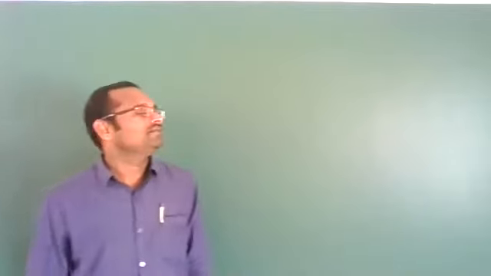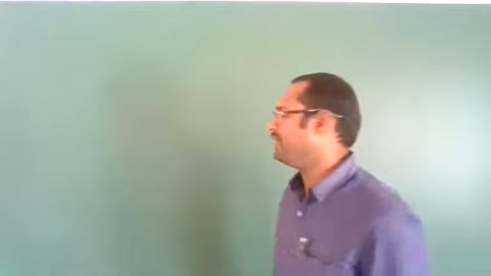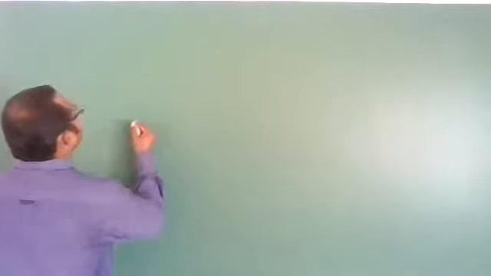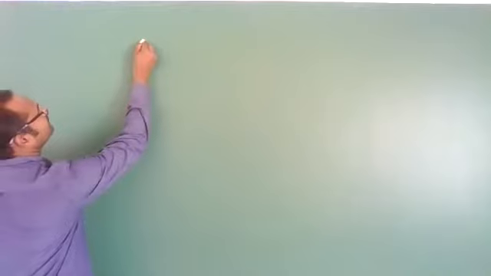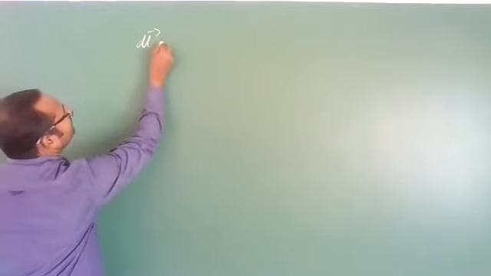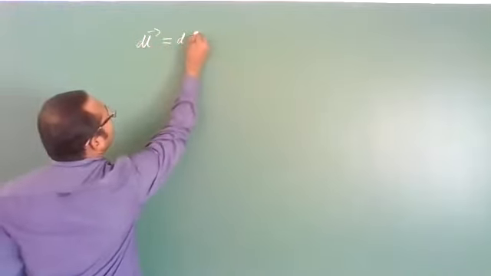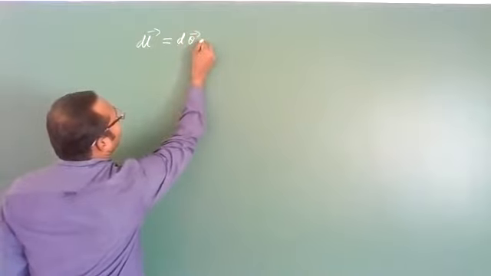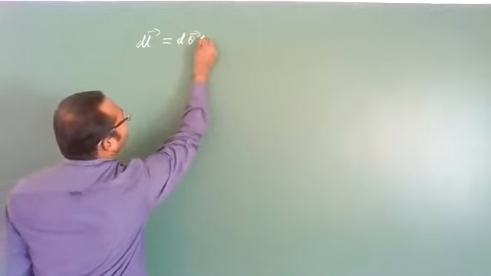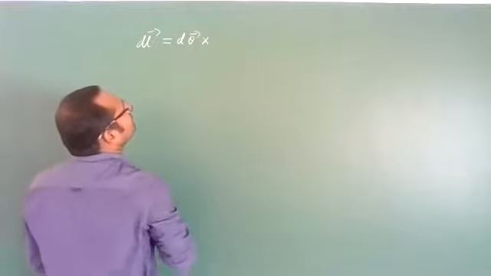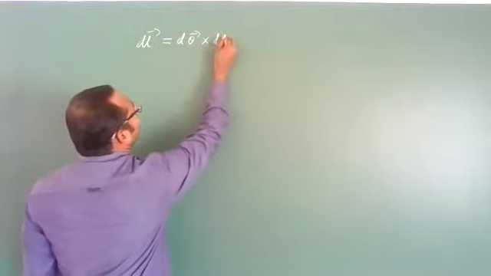In the previous class we discussed circular motion, and we derived some equations. They are dL bar equals d theta bar cross dr bar.